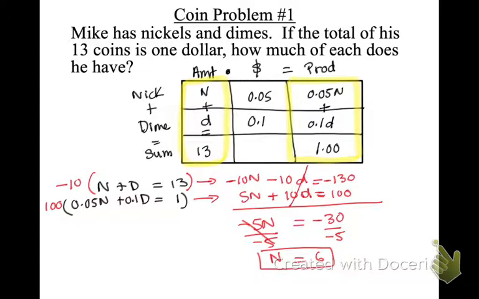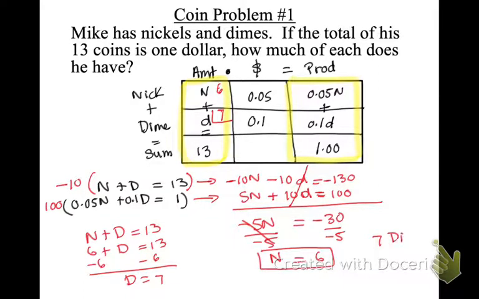So if I have 6 nickels, that means nickels plus dimes equals 13. 6 plus D equals 13. Subtract 6. Dimes is equal to 7. I get 7 dimes and 6 nickels.